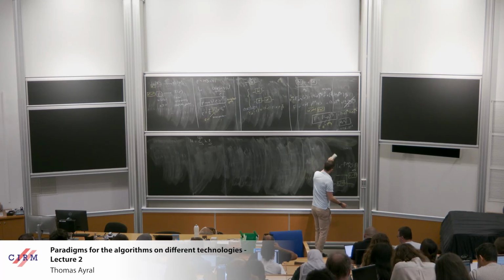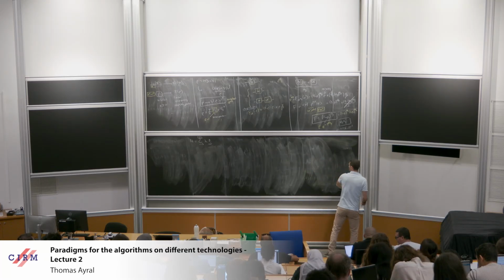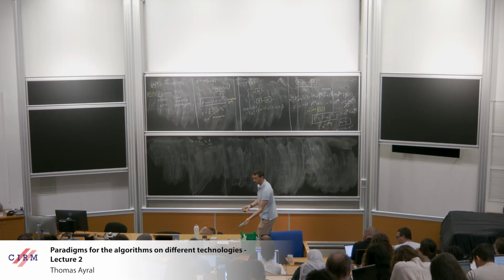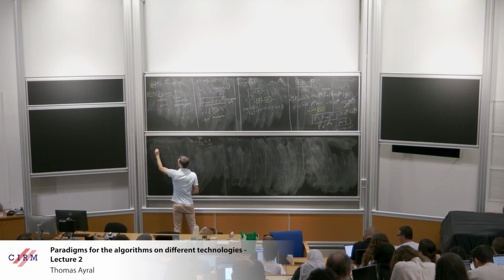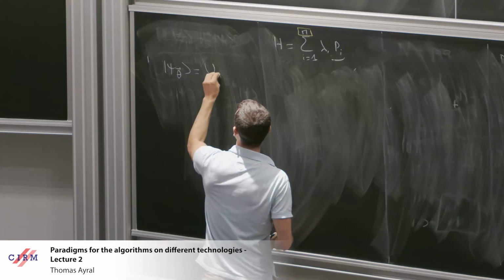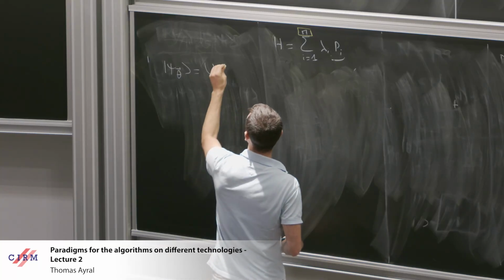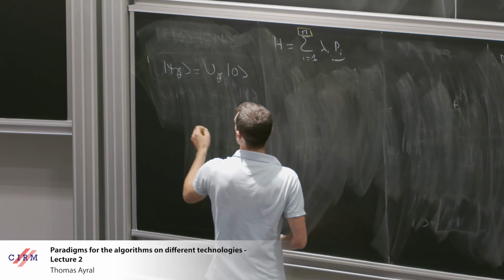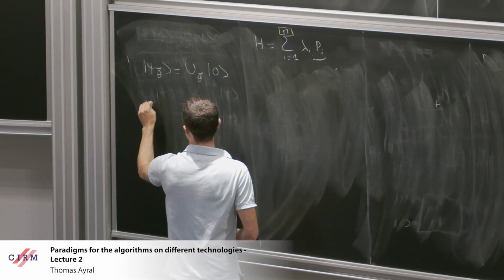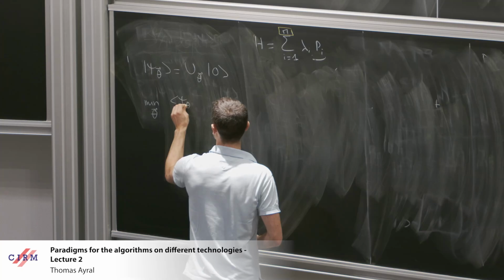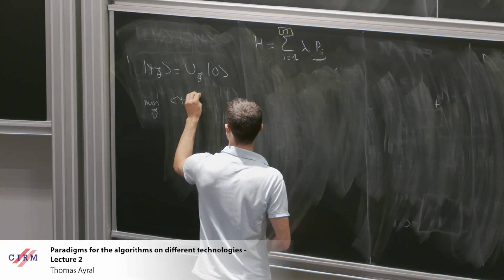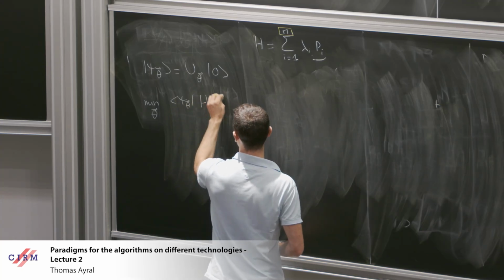And you use an old method that is used a lot in math and physics, which is called the variational method or variational principle. You create a wave function that depends on a parameter or several parameters theta. And then you try to minimize over theta the value of psi theta H psi theta, where H is a Hamiltonian that you want to minimize.